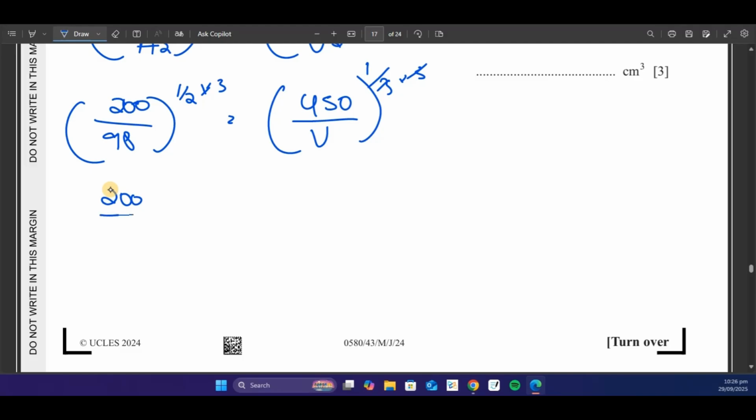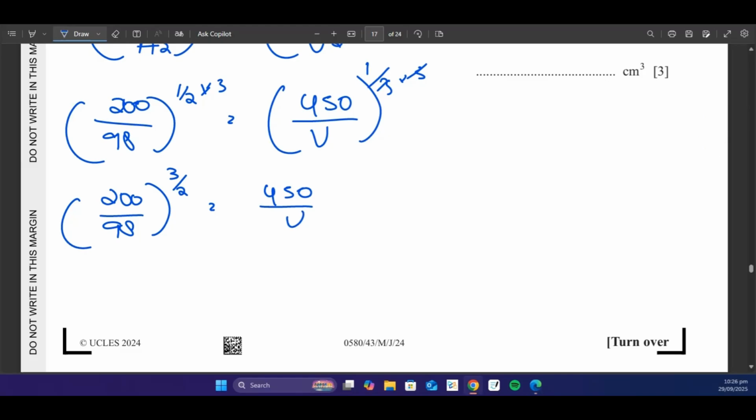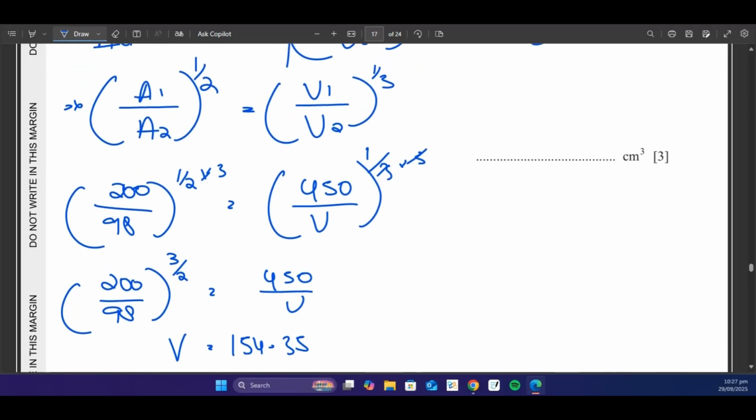So we're just gonna say 200 over 98, to the power 3 over 2, is equal to 450 over v. Make sense? Now let's just solve. So v would be equal to 154.35, and to round it off, 154.